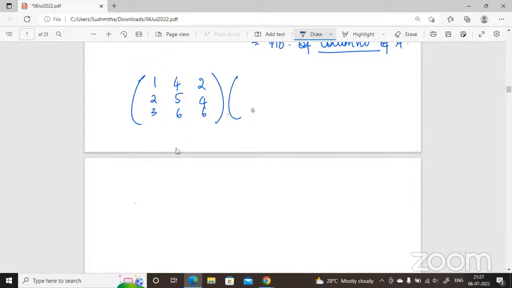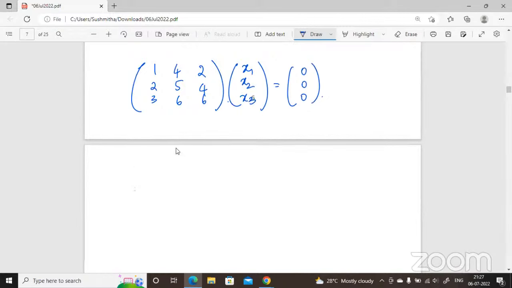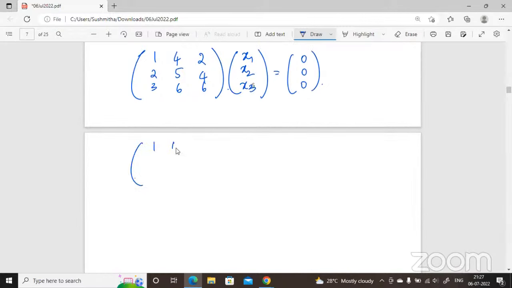So now let's find the null space. What am I going to do? I want to find solutions of Ax = 0. To find the solutions, I will consider the augmented matrix, convert it into a simpler system and then find the solution. But because this is a homogeneous system, I can ignore the augmented portion, right? Yes.